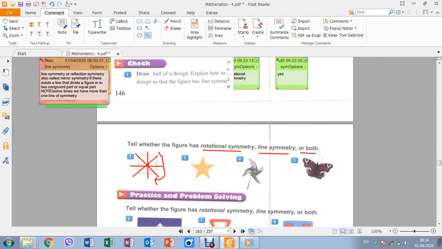So how many lines of symmetry does it have now? 1, 2, and 2 diagonal lines. So this means rotational symmetry, and line symmetry, or now means both of them. So for number 2, the square is both of them.